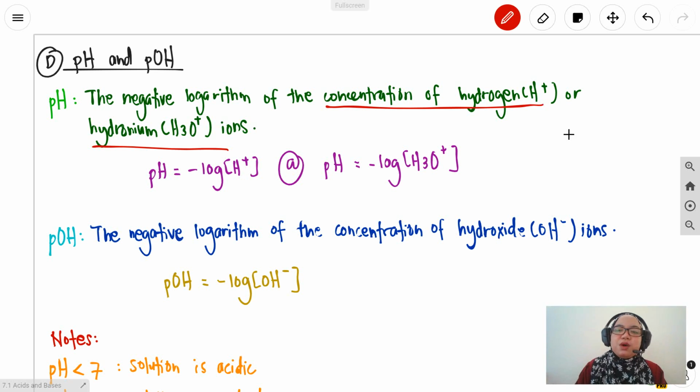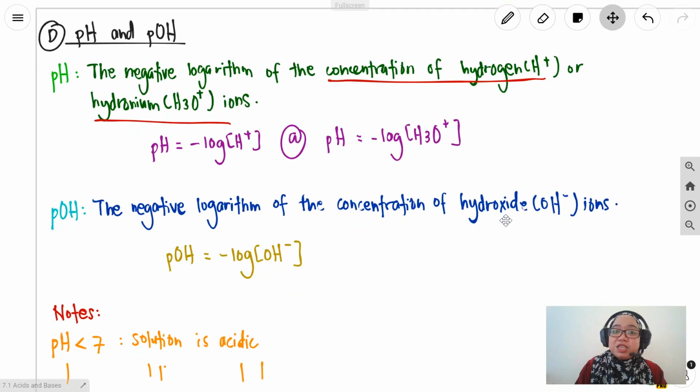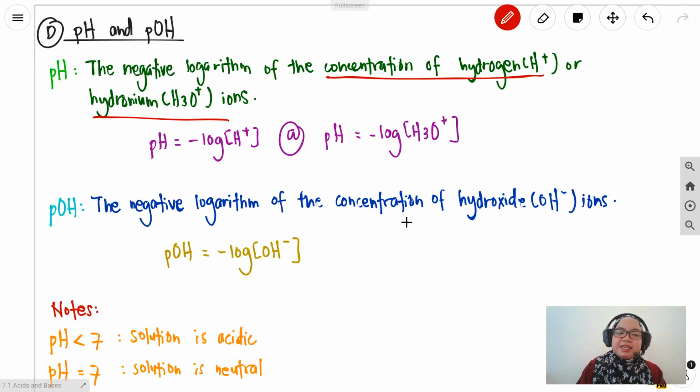Okay, so what is pOH? pOH is the negative logarithm of the concentration of hydroxide ion. So pOH equals negative log concentration of OH minus. This means that if the question gives you the concentration of hydroxide ion, we can use it to find the pOH, and otherwise, if the question gives you the pOH, we can use it to find the concentration of hydroxide ion.